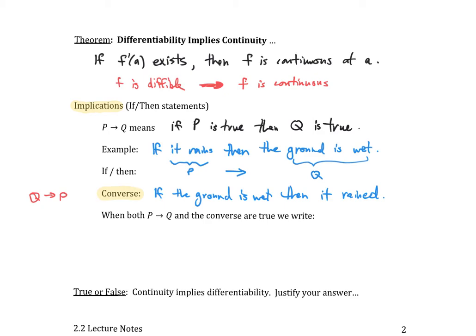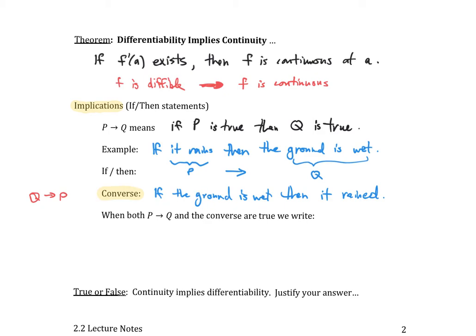Okay. Now, when we look at this statement that I've just written, if the ground is wet, then it rained, this is obviously false. There's plenty of reasons why the ground could be wet. Maybe someone washed their car, or some other reason. Maybe there was flooding. Who knows? Maybe the snow melted.